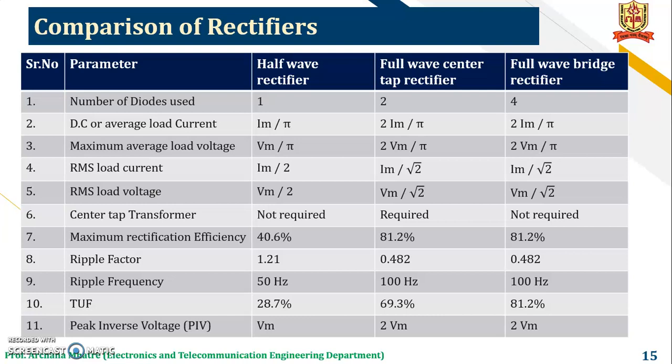Ripple frequency for the half wave rectifier is 50 Hz, and for the full wave center tap and bridge rectifiers it is 100 Hz. For the transformer utilization factor, the TUF of the half wave rectifier is 28.7%. For the full wave center tap rectifier the value is 69.3%, and for the full wave bridge rectifier the value is 81.2%.